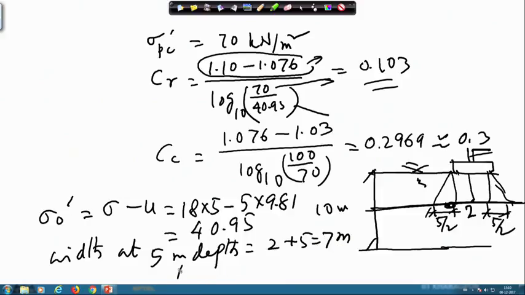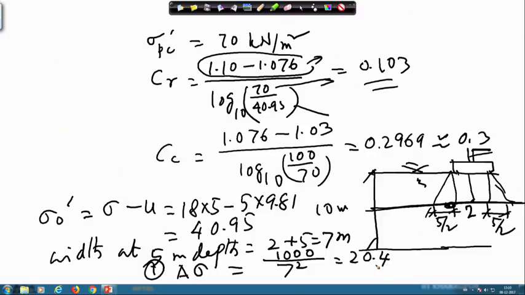Then delta sigma, the first case delta sigma will be equal to 1000 kilonewton divided by your 7 square, and that gives you 20.4.